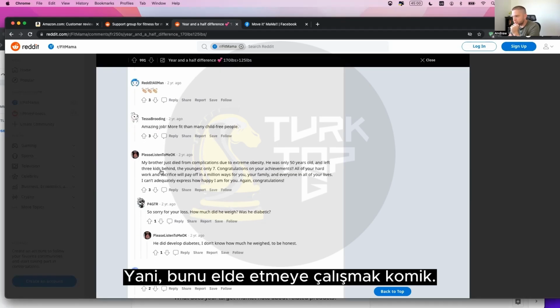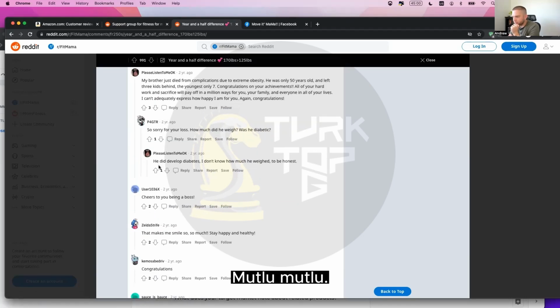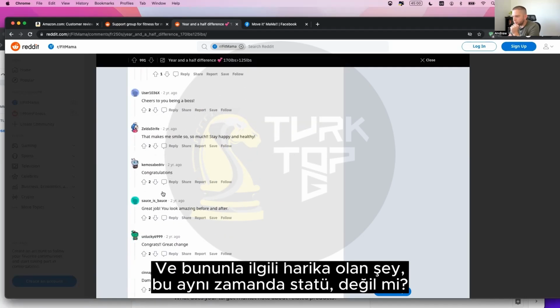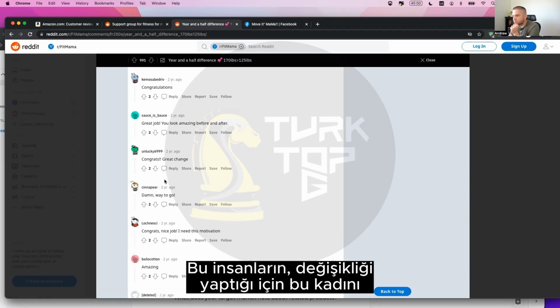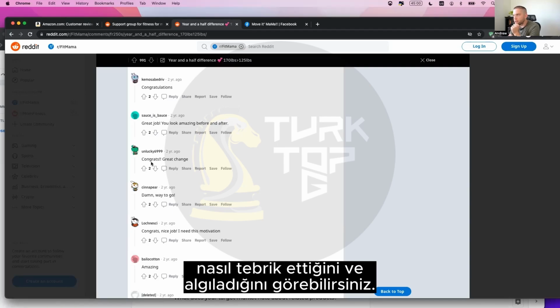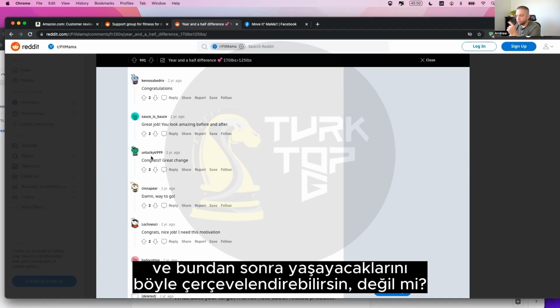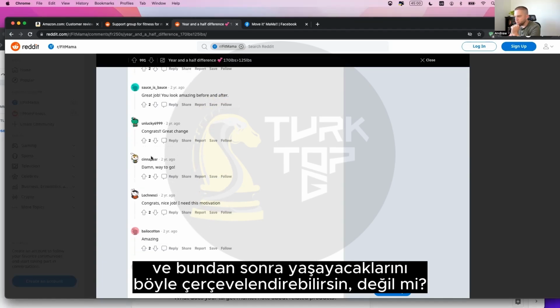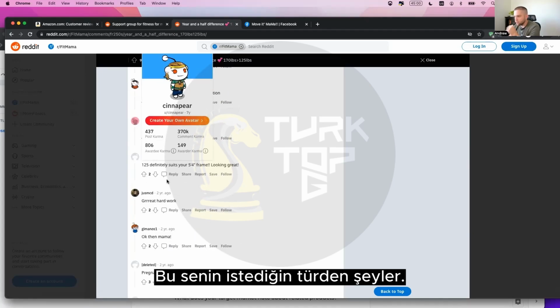Happy. And the cool thing about this is this is also status, right? You can see how these people are all congratulating and praising this woman for making the change. And that's how you can frame what they're going to be experiencing after this, right? This is perfect. This is absolutely perfect. This is the kind of stuff you want.